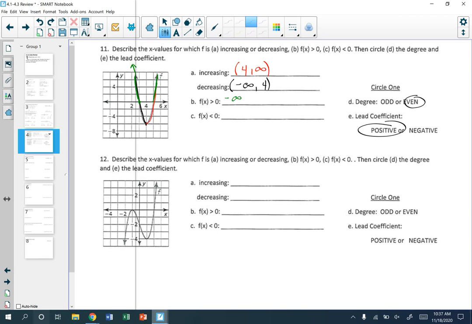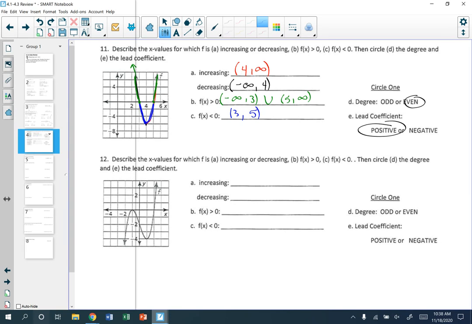So negative infinity to 3, it's greater than 0. And then again from 5 to infinity. And we are going to connect these by that's called a union symbol. Now I want to take a look, where is f of x less than 0? Well, everything below the x-axis, which is from 3 to 5.